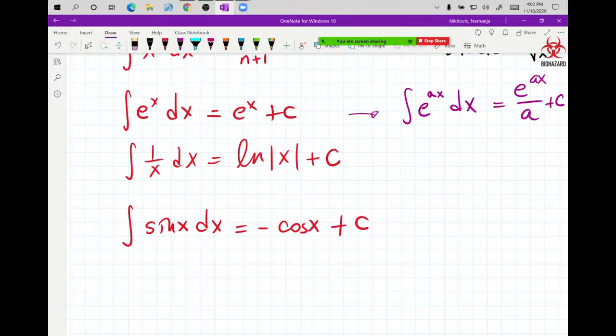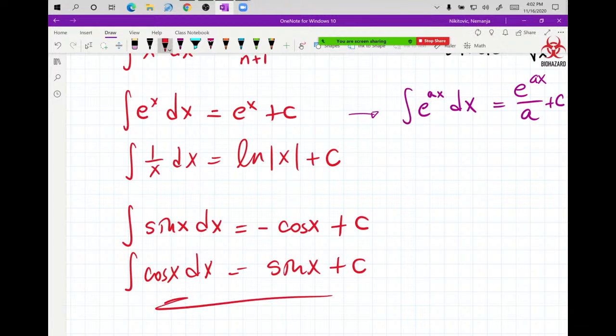So this is a solid formula. Another one is cosine x dx, which now gives just sine x plus c. Think about the derivative in this way. Derivative of sine is cosine. Think about the derivative on top, going this way. Derivative of cosine is negative sine, and then negative and negative make it a positive sign.